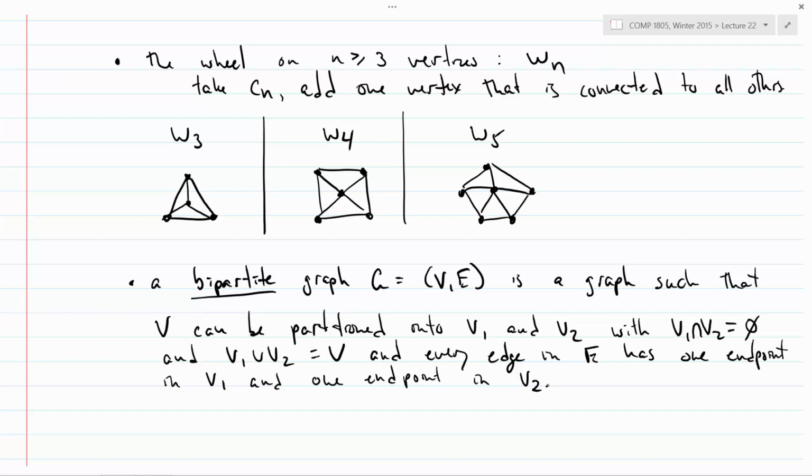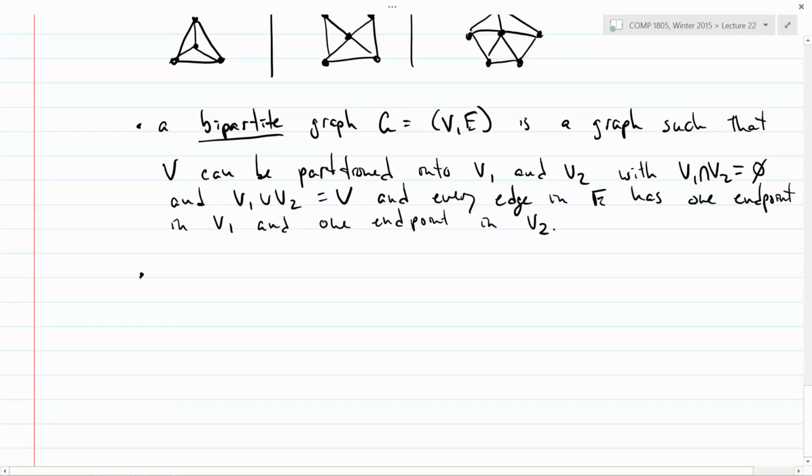All right, so that describes a general type of graph. I'm going to give a particular graph now. The complete bipartite graph is called K, and K we sort of know is complete.